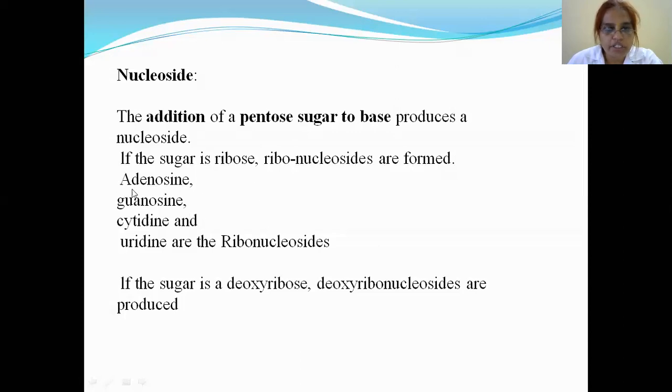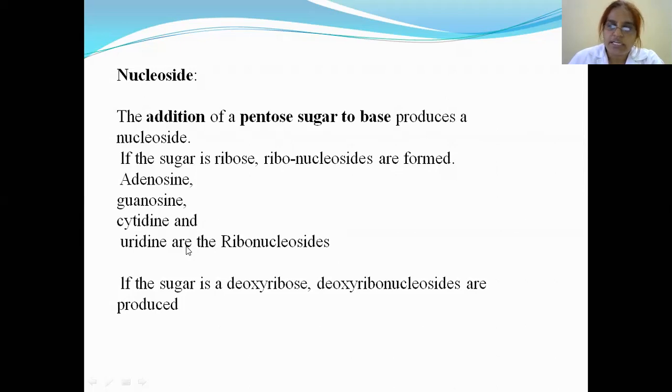Adenosine: adeno means adenine, and sine means a sugar molecule. Guanosine is guanine plus a sugar molecule. Cytidine is cytosine plus a sugar molecule. Uridine is uracil plus a sugar molecule.